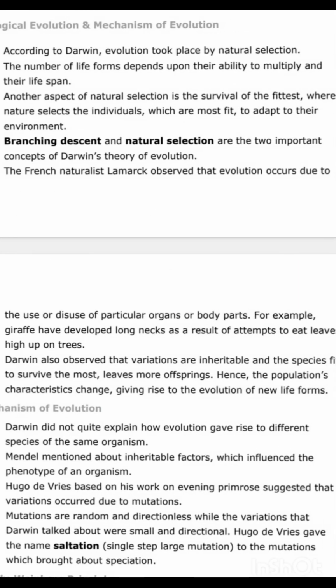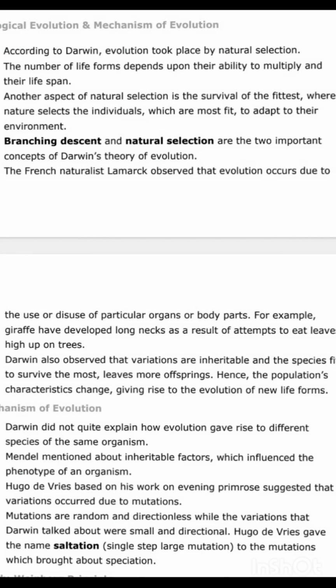Next, biological evolution and mechanism of evolution. According to Darwin, evolution took place by natural selection. Nature selects, and those who are more fit than the others will survive and reproduce successfully.